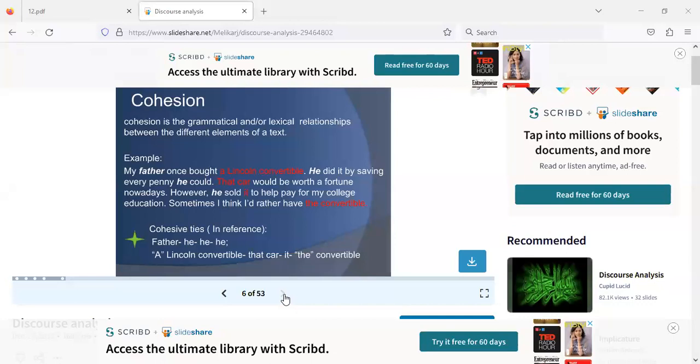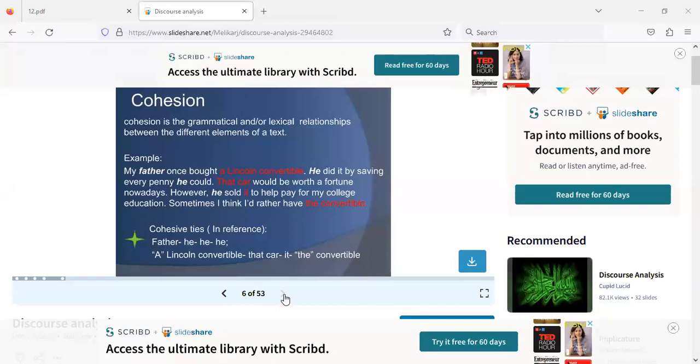Right. So this connector, however, is really important because it shows the writer's attitude also, and it marks the relationship of what follows to what went before. So using the connector however, the writer wants to convey that the previous happenings would follow the present situation.